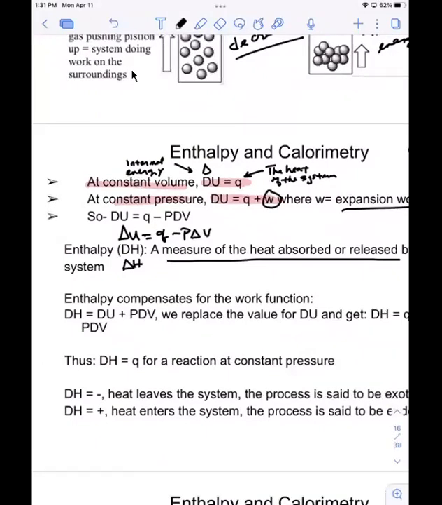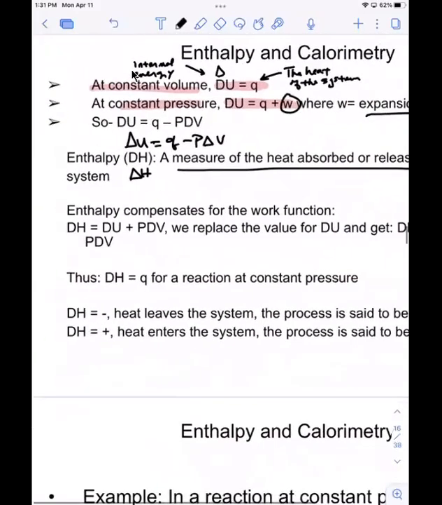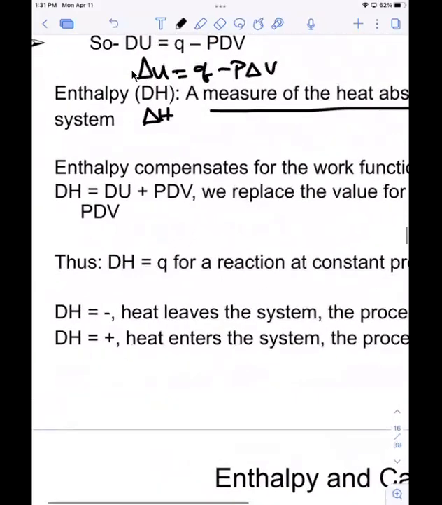When we think about that, the work function, the enthalpy is going to compensate for that. So we could replace delta H with the internal energy, and have a different expression.